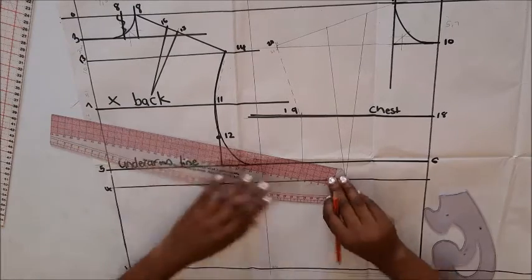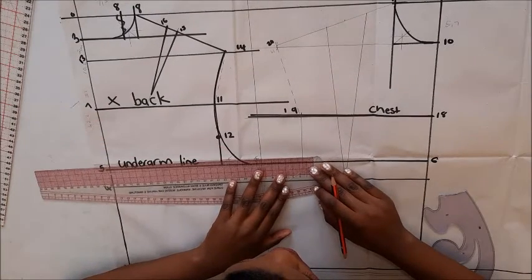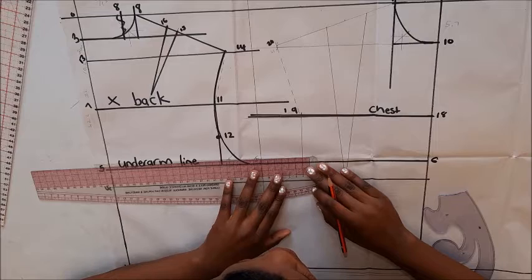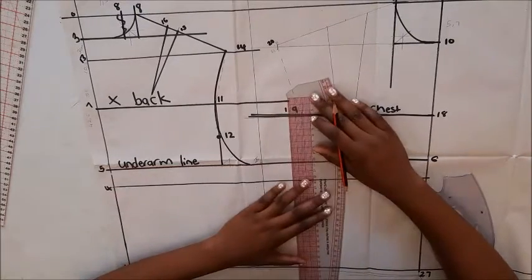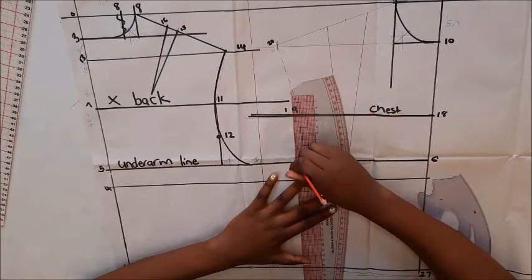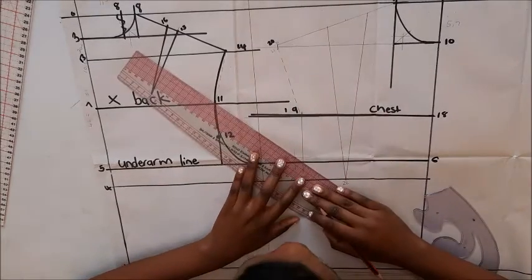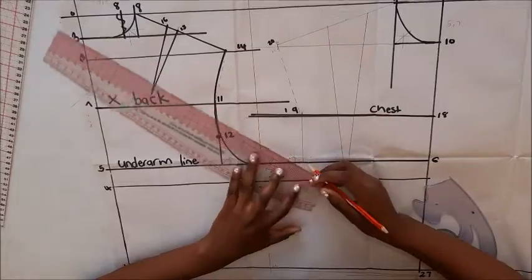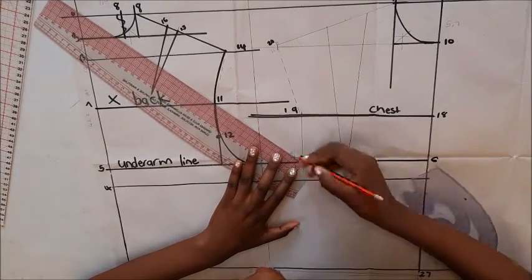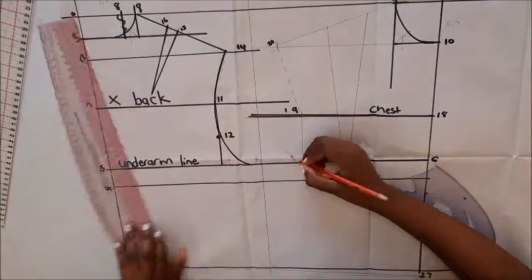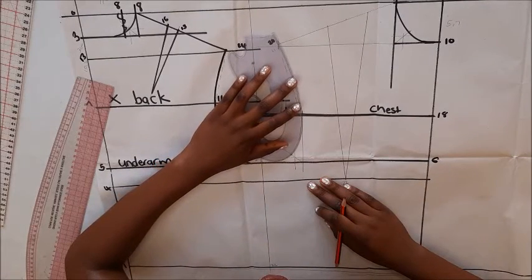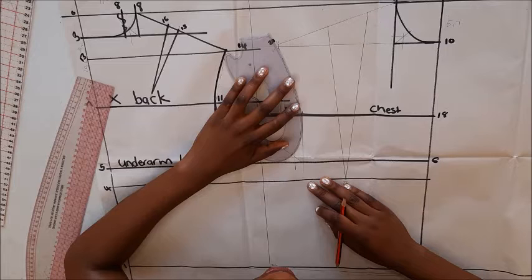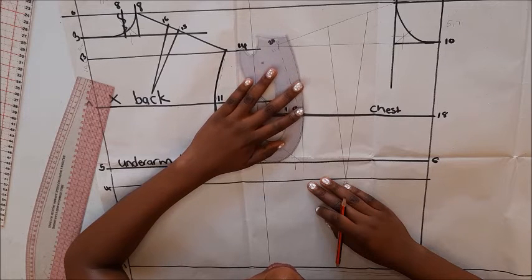The next thing, I did the same thing on my armhole in the front. I did that block, measured a diagonal line that was 2.3 centimeters, and made a curve there. And what you want to do with this curve ruler is just play around and see how it's going to fit, which part of the curve you're going to like better.